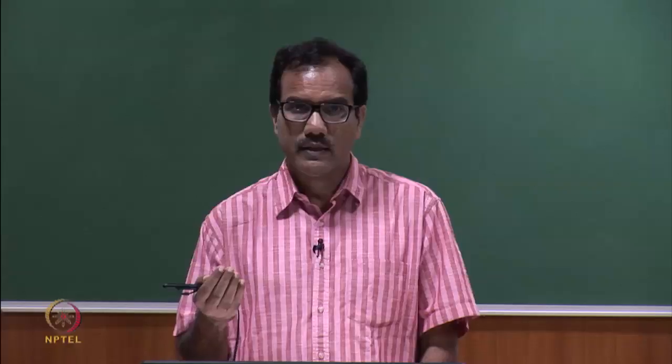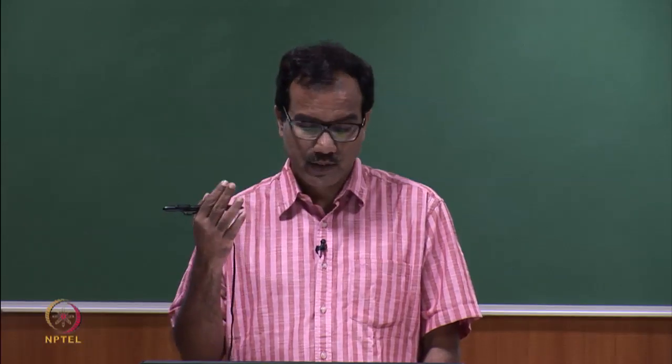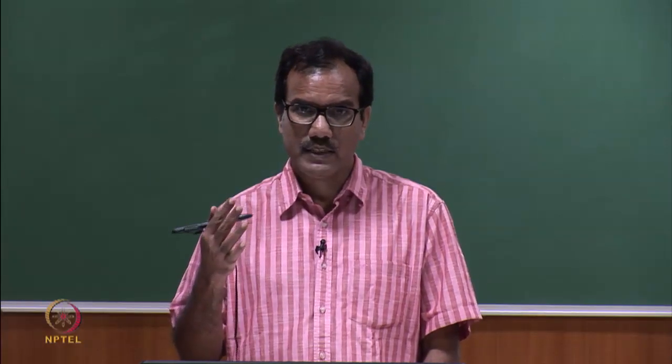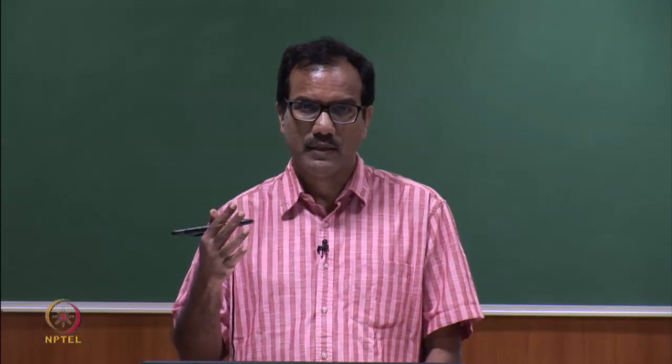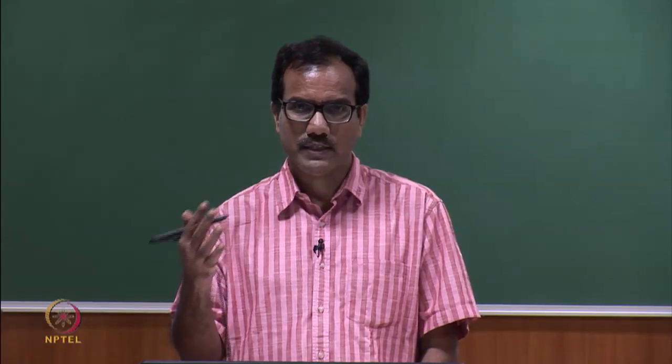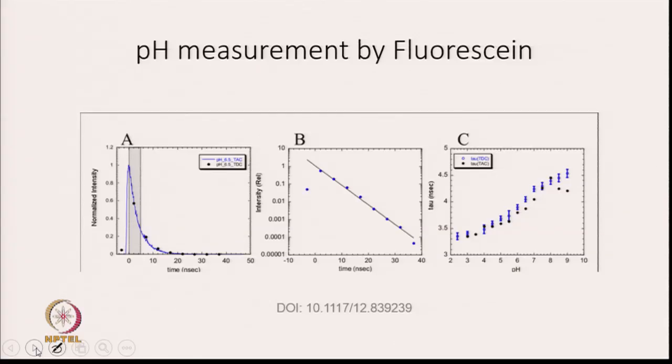There is another application where we are trying to measure pH by a fluorophore called fluorescein. Fluorescein lifetime is also dependent on pH, and this is tau versus pH for fluorescein, and you can see that it is increasing on increasing the pH.